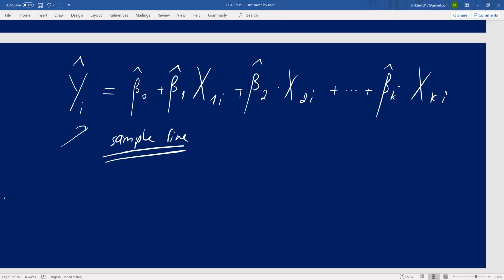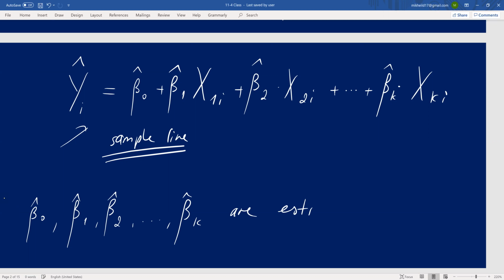So beta hat 0, beta hat 1, beta hat 2, and so on, beta hat k, those are estimators for what?